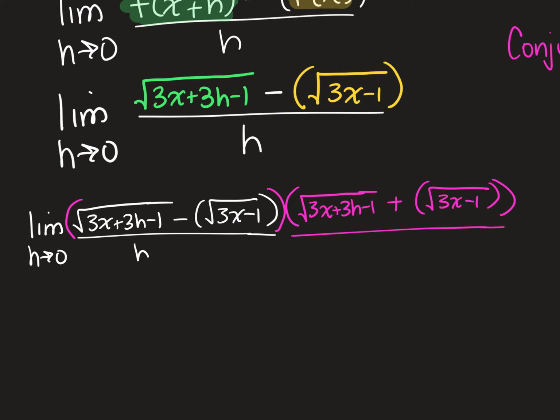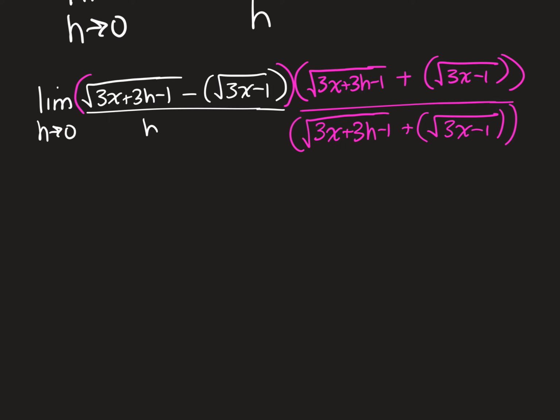So I'm going to multiply top and bottom of this fraction by that conjugate. So what I'm doing is I'm giving myself a way to create a difference of squares in the numerator. And you're going to see why that's a powerful thing when we start multiplying this out.